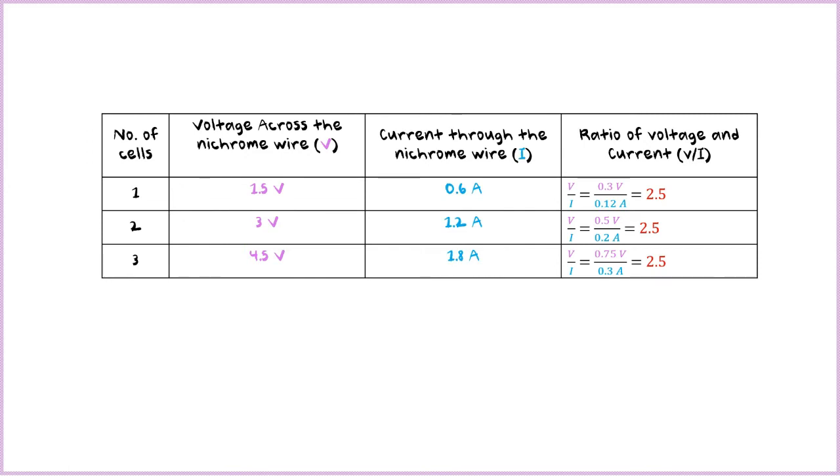Now, why is the ratio of voltage to current constant? You notice if our cells is 1, we have 2.5. We add another cell, we have 2 cells, and it's still 2.5. We add another cell, which is 4.5 volts, and still we get 2.5.